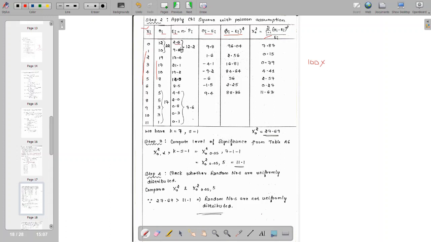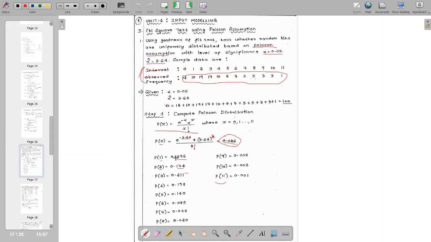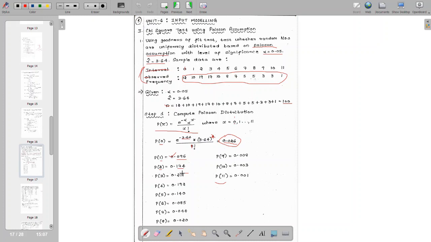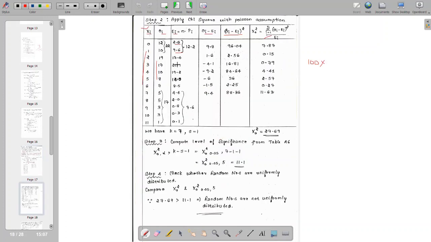Then second, 100 into p1, 0.096 into 100, we will get 9.6. Then 100 into p2, 0.174, we will get 17.4. Then 100 into p3, 100 into p4, and so on.